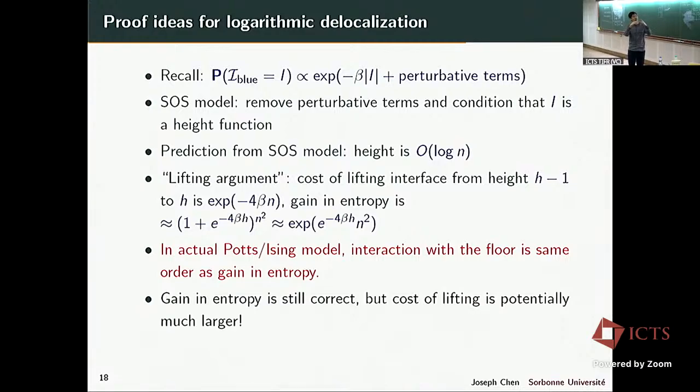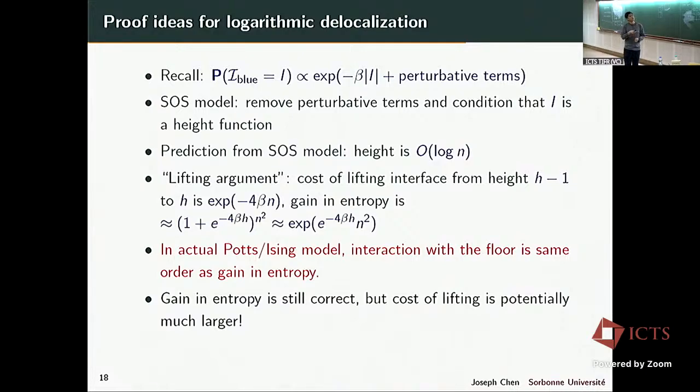There's an interaction between this interface and the floor, due to the ability to put in the partition function below the floor. And the size of these interactions is going to be the same order as the size of this gain in entropy. The point is that you cannot tell which one is bigger.